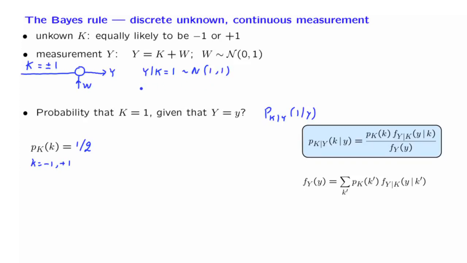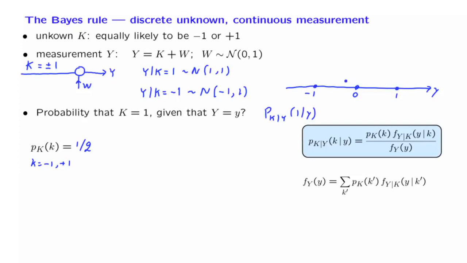On the other hand, if k happens to be equal to minus 1, then the observation that we see is going to be a standard normal plus a value of minus 1, and that changes the mean to become minus 1, but with a variance of 1. So if we are to plot the density of y, that density, of course, will depend on what the value of k was.